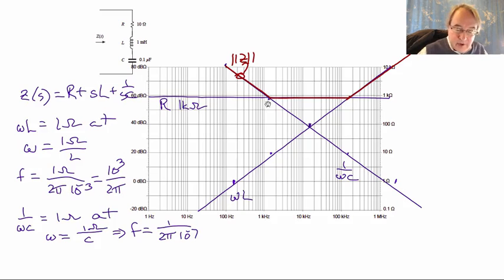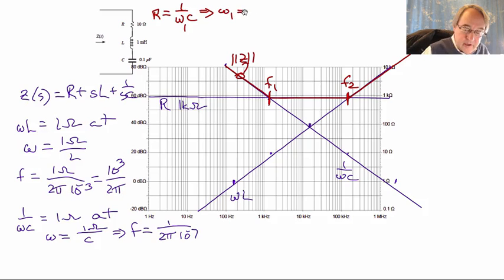It looks now like we have two corner frequencies, one here and one here. And again, we can work out what those are. At F1, that's where the resistor crosses the capacitor asymptote. So we have R equals the capacitor 1 over omega C with omega equals omega 1. So that omega 1 is 1 over RC.